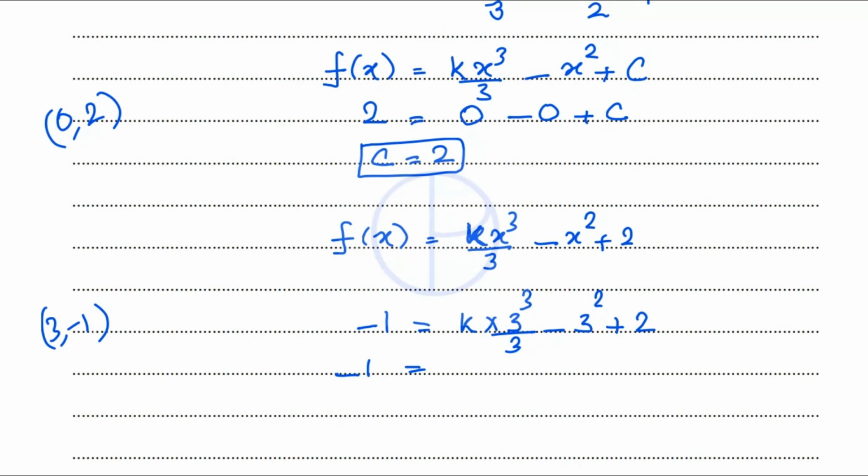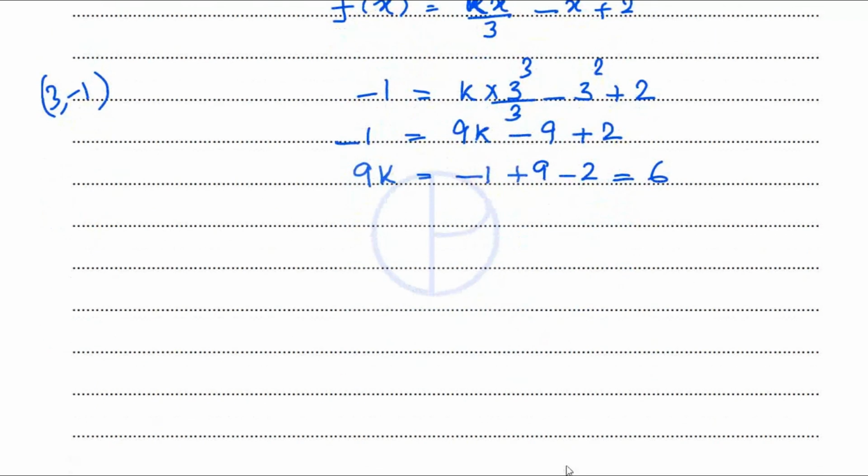Minus 1 equals 9k minus 9 plus 2. So 9k is equal to minus 1 plus 9 minus 2, which is equal to 6. So k is equal to 6 over 9, which is equal to 2 over 3. So k is 2 over 3.